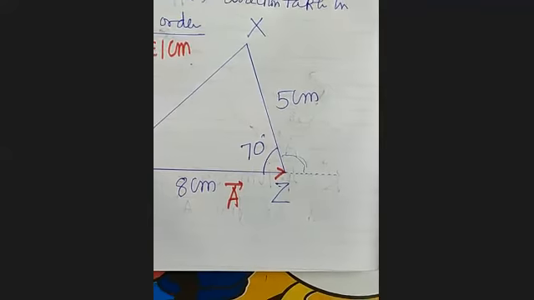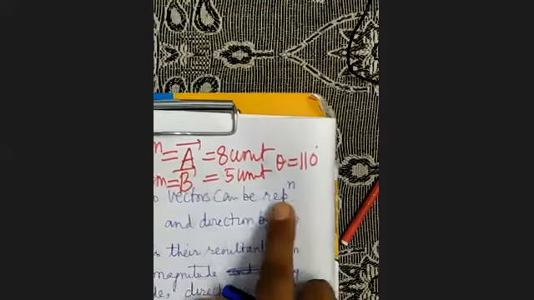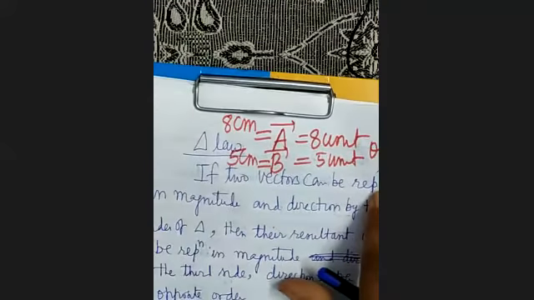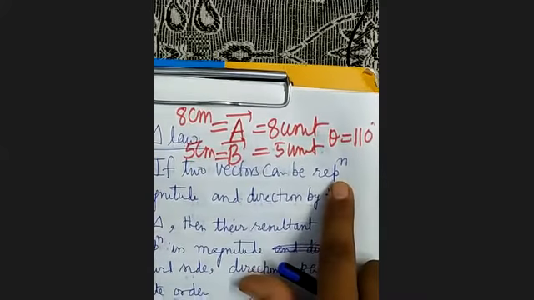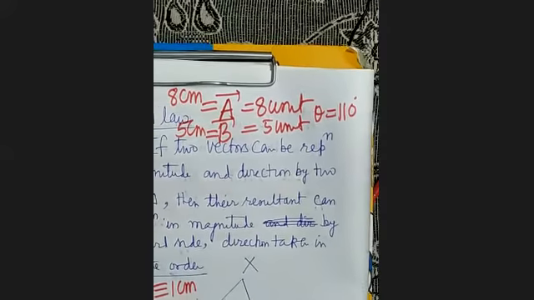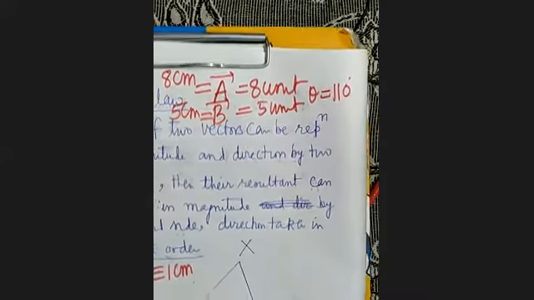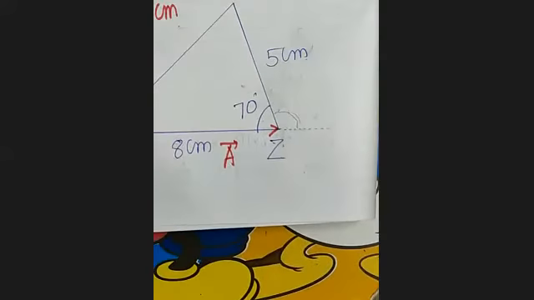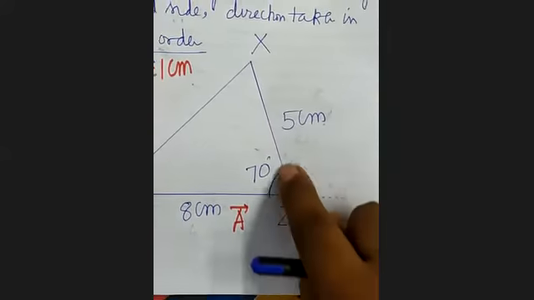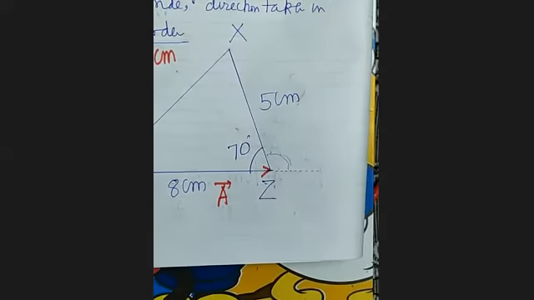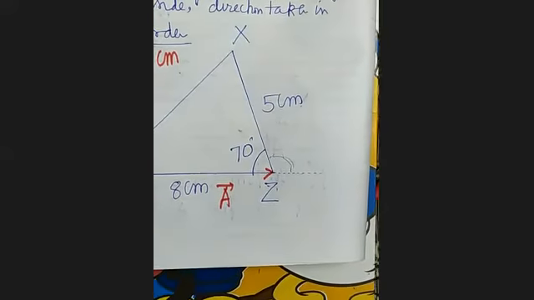Now according to this direction, if you draw direction of vector B relative to A, then it will be in this direction.